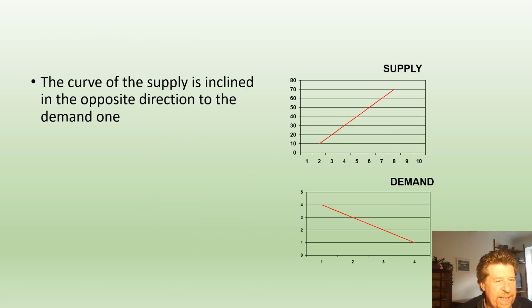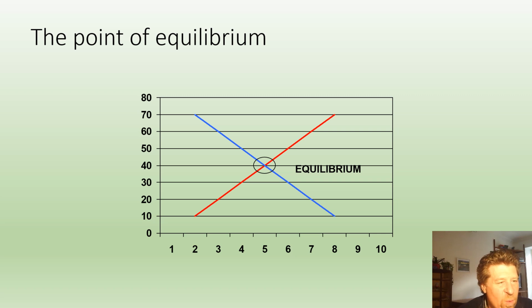Okay, so we can see the curves are the opposite way. The demand curve is the one on the bottom, and it's got an inverted relationship in proportion to the price, whereas the supply is proportionate. It's got this upward curve. Now, if we put them on one, and here on the bottom you've got the quantity, and here you've got the price on the vertical axis, and we see where it crosses.